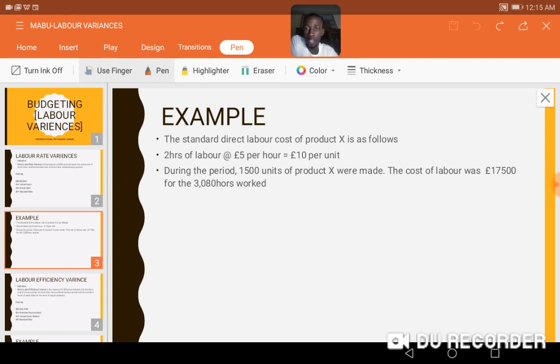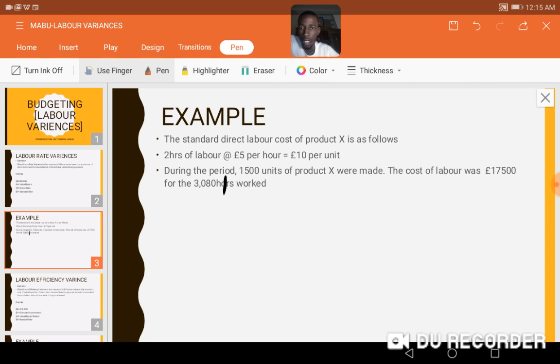But during that period, 1.5 units were made, and the cost of labor was 17.5, of which we worked 80 hours. Oh, this spelling here is supposed to be hours, okay? That's our question.